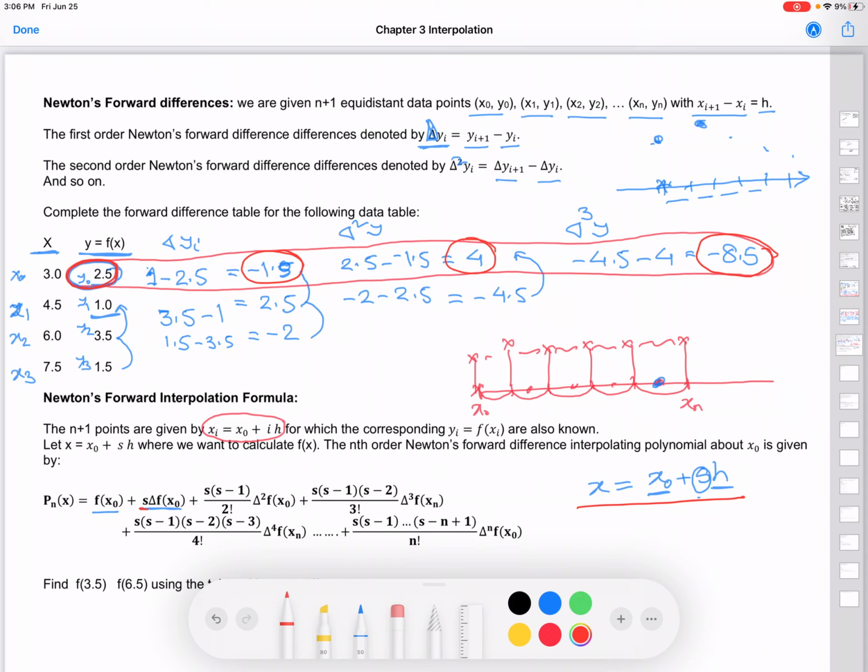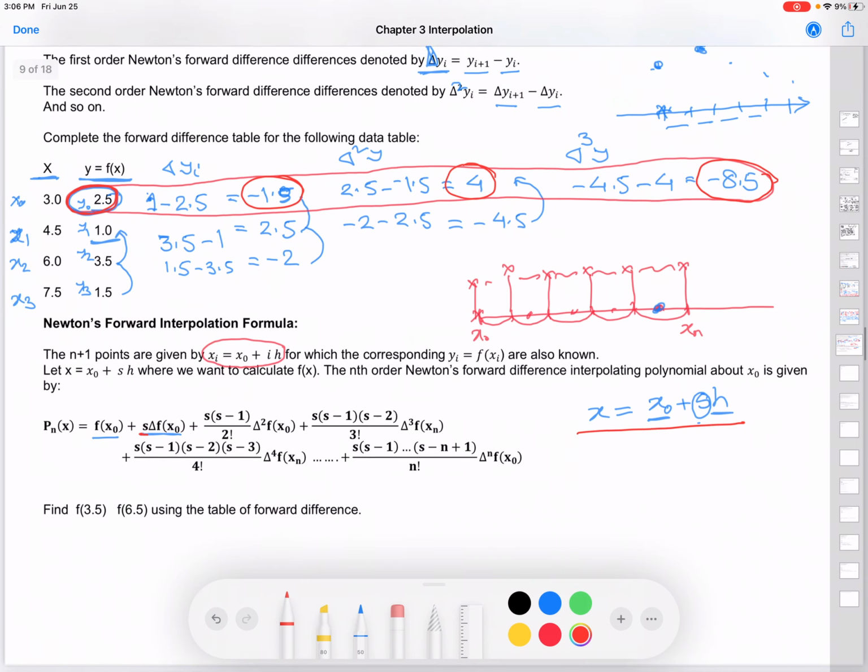It depends on the table how many values will be given to you. This one has 4 values, so we have differences up to order 3. If you have more points given, then this table will be bigger.